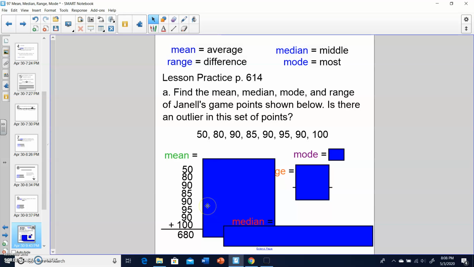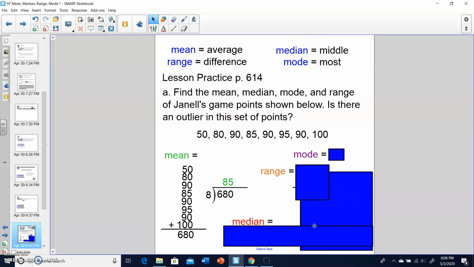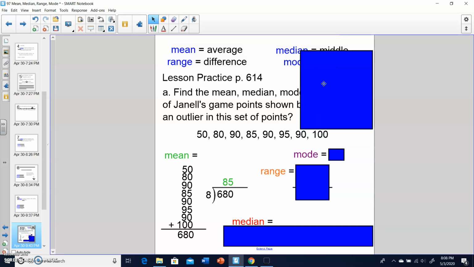Then we divide by the number of numbers we added together. So we added 1, 2, 3, 4, 5, 6, 7, 8. So we're going to take 680 and divide it by 8, which gives us 85.